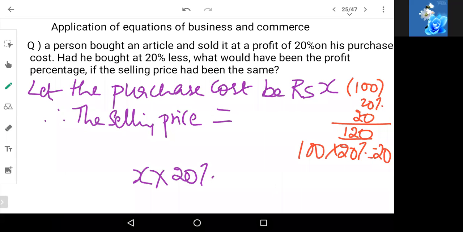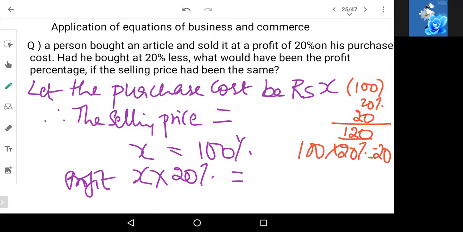So if I calculate 20% on this, that is the profit. This will become my profit. So what is the original cost? If original cost is 100%, selling price is 120%. So I will calculate something like this, 120% of X. Did you understand?